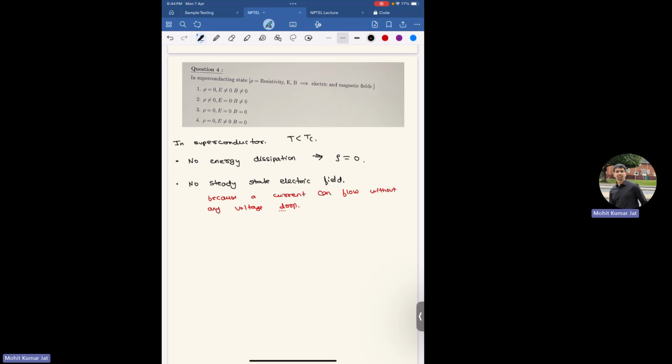Now option number 3 is the magnetic field. We know that superconductor is a perfect diamagnetic material. Magnetic field is expelled from the bulk such that inside the superconductor the magnetic field is zero.